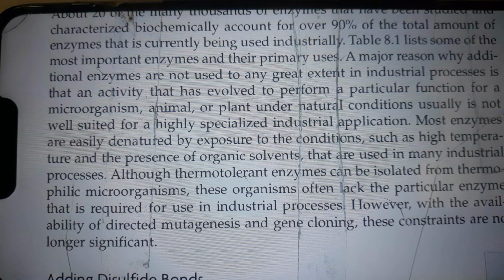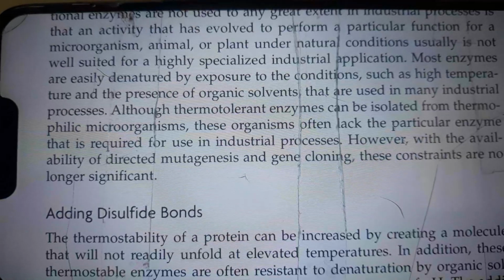A major reason why additional enzymes are not used to any great extent in industrial processes is that an activity that has evolved to perform a particular function for a microorganism, animal or plant under natural conditions usually is not well suited for a highly specialized industrial application.